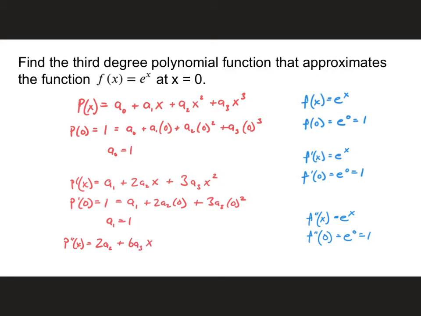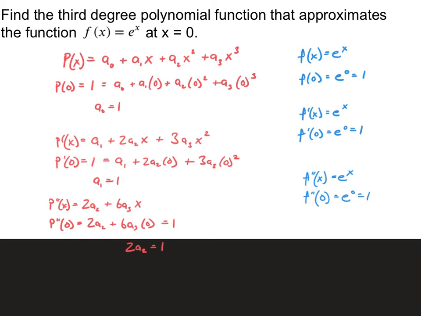When I plug in 0 to that, I get 2a sub 2 plus 6a sub 3 times 0, and I know I want the value of that to equal 1. I end up knowing that 2a sub 2 is equal to 1, or a sub 2 is equal to 1/2.